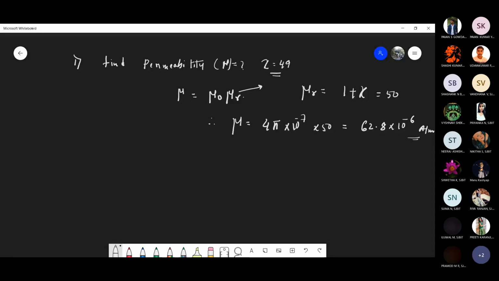Okay. So take down another problem, second problem. Find the magnetic field strength, that is H, within a magnetic material.